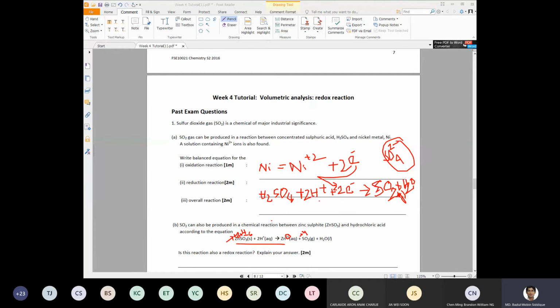Oxygen you balance by making it a water molecule at the product side, or if excess hydrogen or oxygen is produced, then add some water on the reactant side. And for electrons, we balance based on the total number of electrons on the product side and on the reactant side.